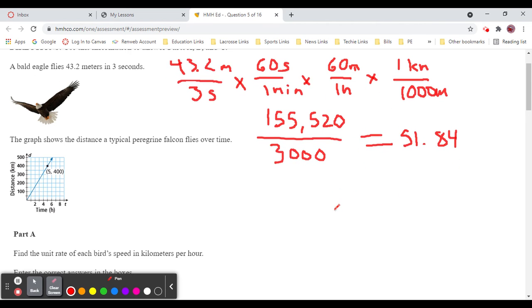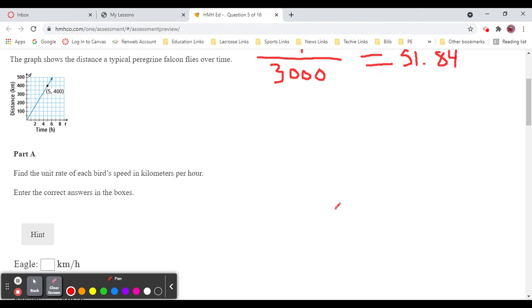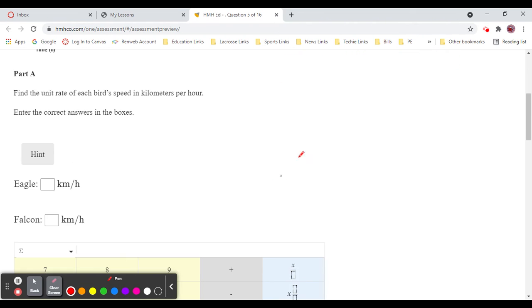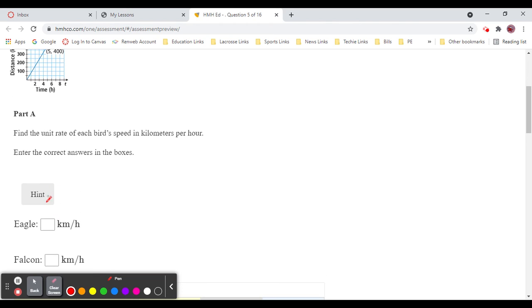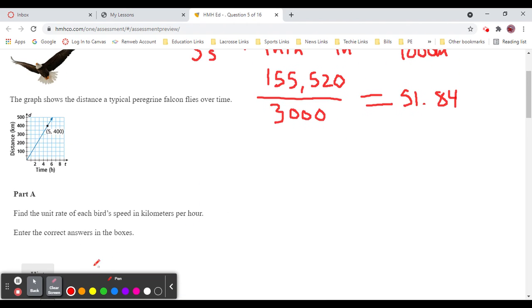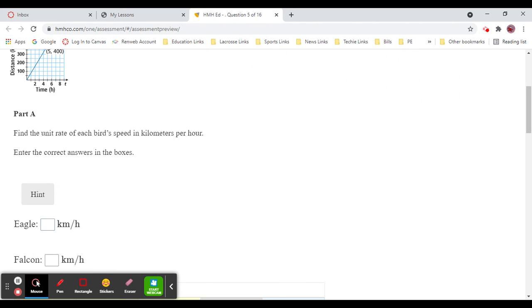So kilometers an hour, it's going to go 51.84.